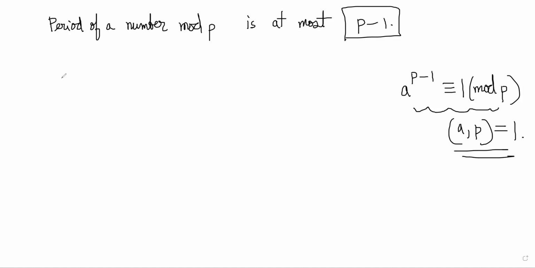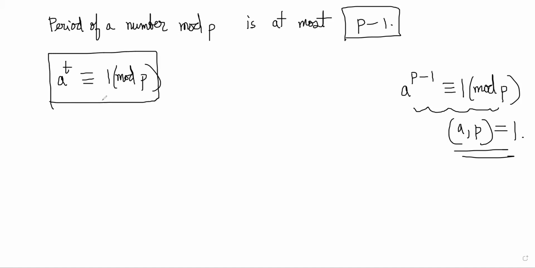So what was the period of a number? It was the power t such that a power t is congruent to 1 mod p. So the maximum possible period of the number could be p minus 1. It is possible that we get a period at a lower value than p minus 1, but this is the maximum possible number. The only powers which give 1 are multiples of t.